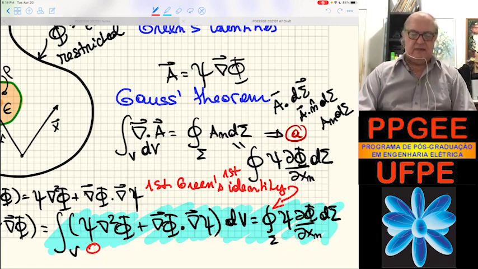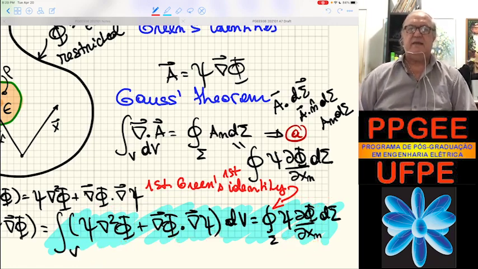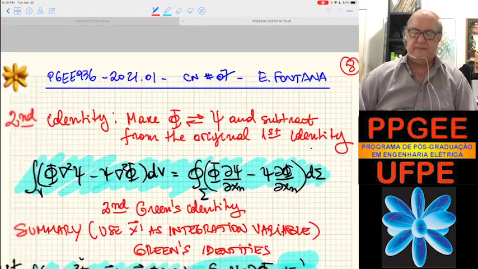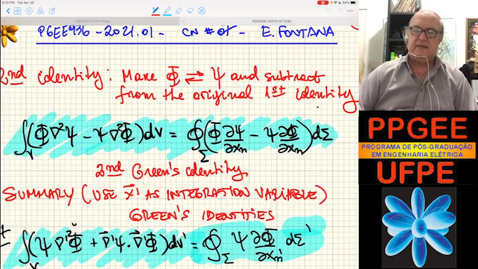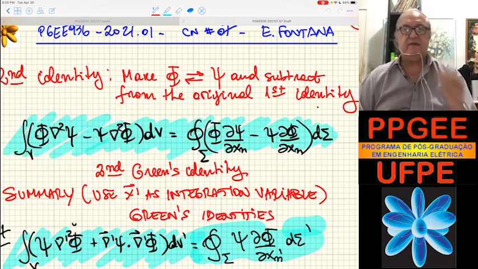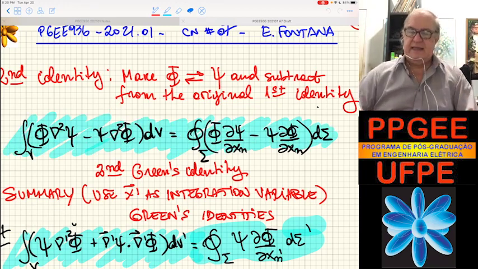So you can work this out. Then we have the second Green's identity, right? So you can see that's very easy to see, right? I mean, we have a difference of Laplacians times the function, times the other function, and a difference of combinations like those.